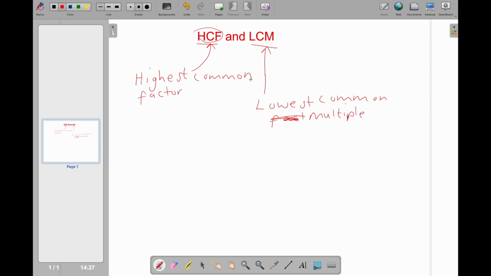Okay, so let's start with the highest common factor. For us to know what's the highest common factor, we need to know what is a factor. So what is a factor?